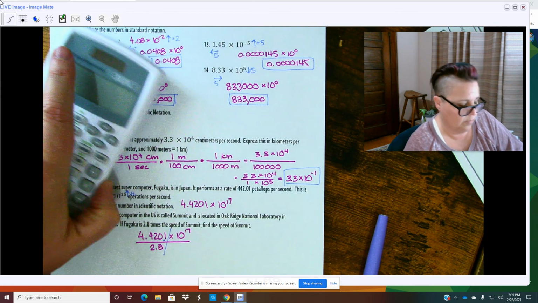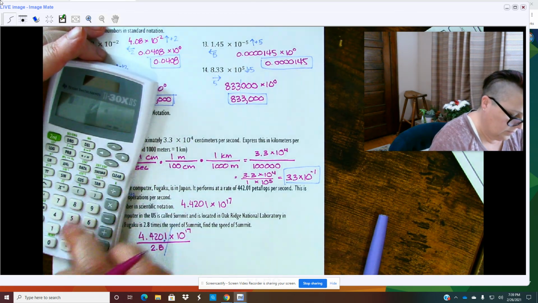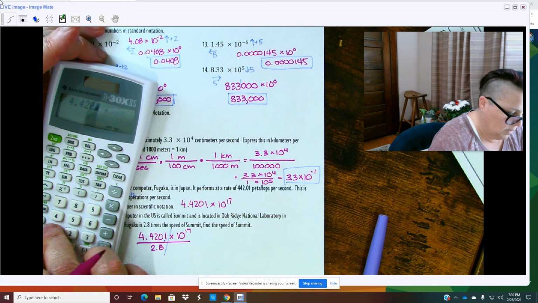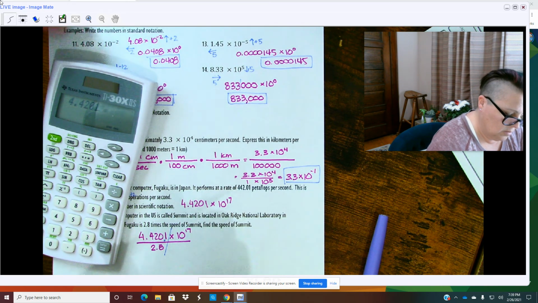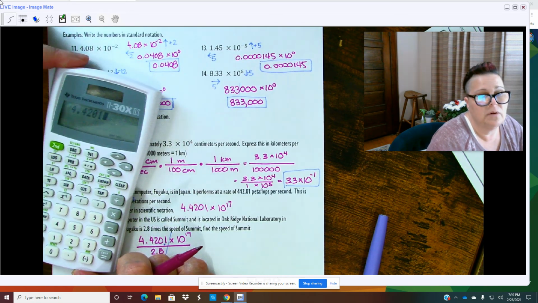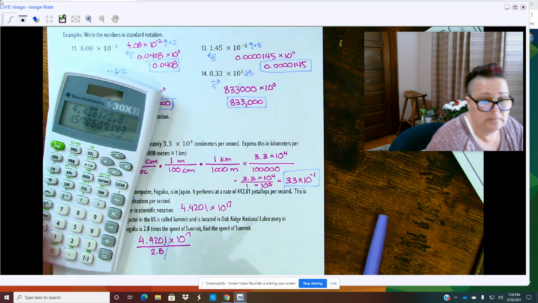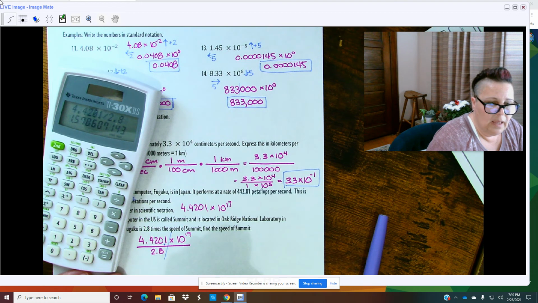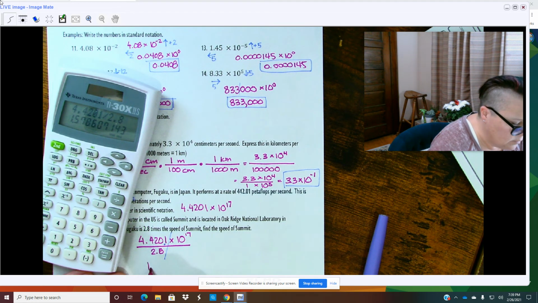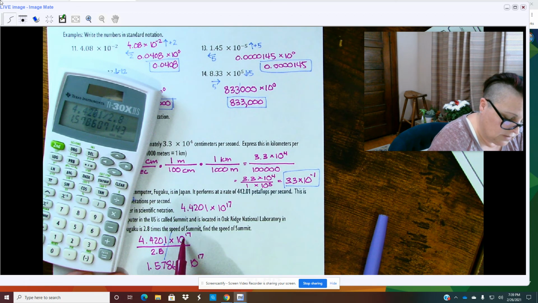So I'm going to take 4.4201, and I'm going to divide that by 2.8. And I'm going to get 1.5786 times 10 to the 17th, because I have no base there, so I have nothing to subtract.